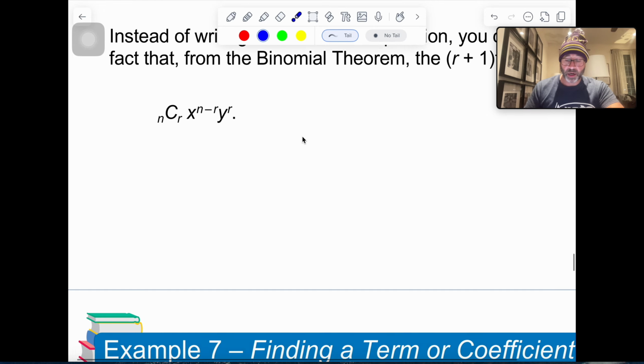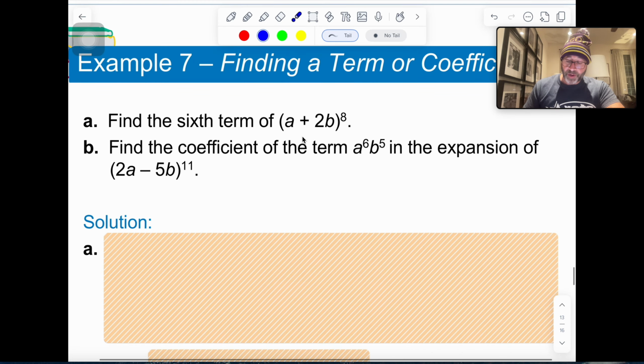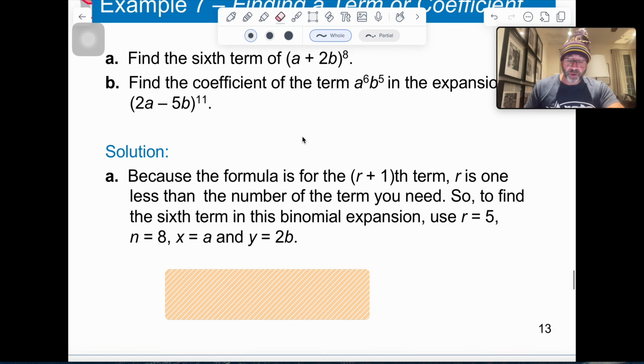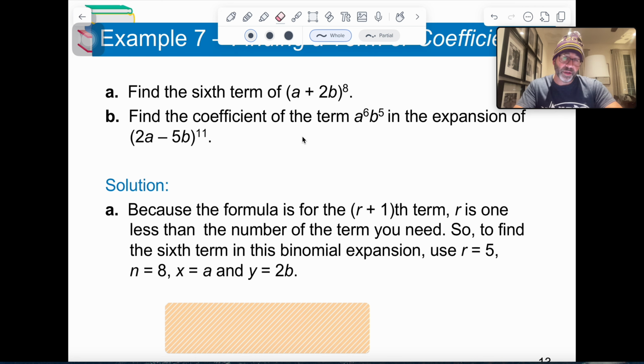and y to the r. So if I was to say find the 6th term in the series, what are we going to be finding here? Well, here's our formula. Because the formula is for the r plus 1th term, if r plus 1 is equal to 6, my r value is going to simply equal 5.